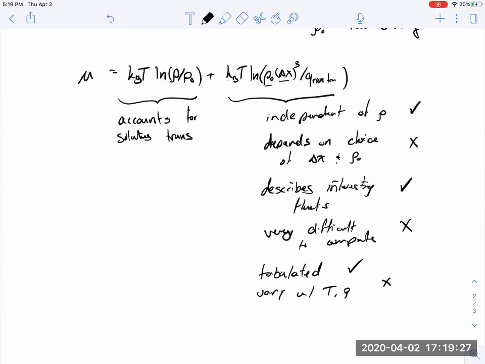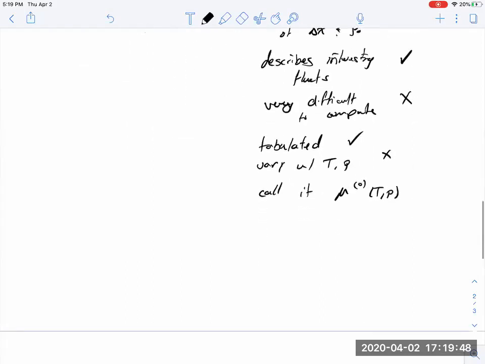So for simplicity, let's go ahead and just give it a name. Let's call it the standard state chemical potential. We'll give it a little superscript O and explain and demonstrate explicitly that it depends on temperature and pressure through the dependence of the interactions of the solute with the solvent.